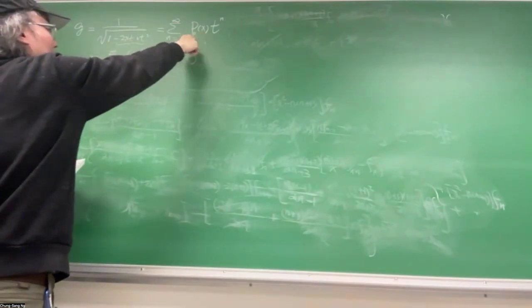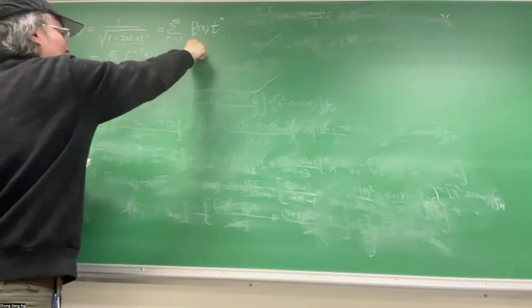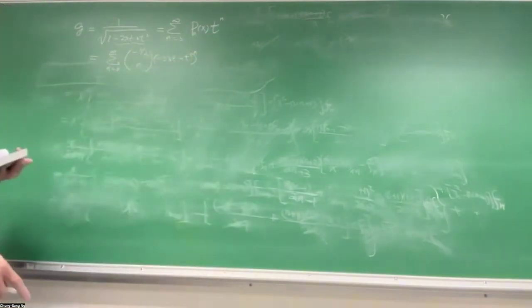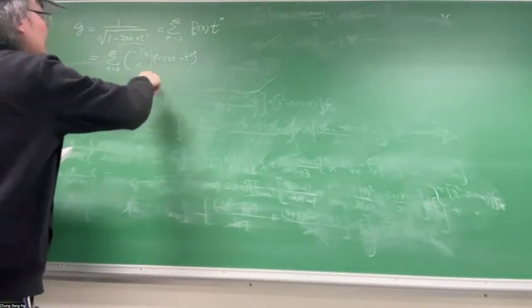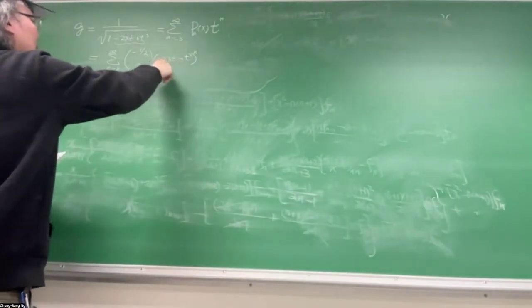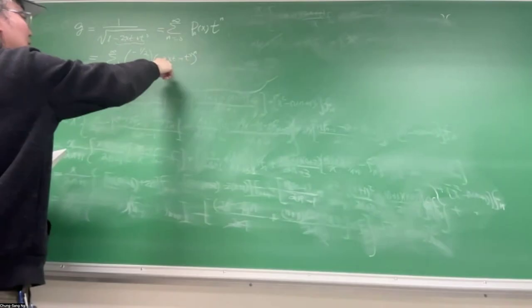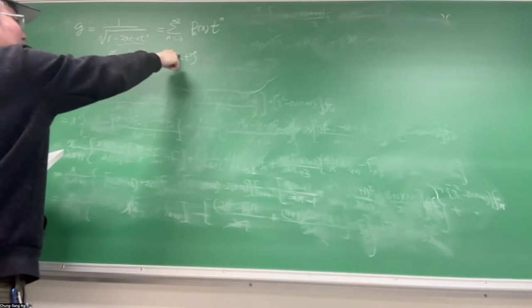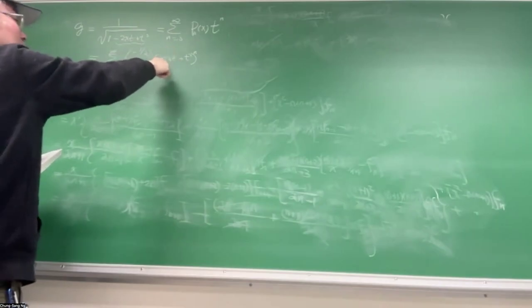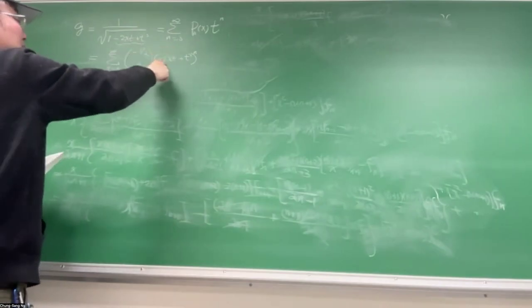The p sub n is proportional to the coefficient of the term t to the power n, right? The highest order of x would be the coefficient in front of this one, because when you take the n power of this one, this is t to the n power, and then there's a coefficient proportional to x to the n power.